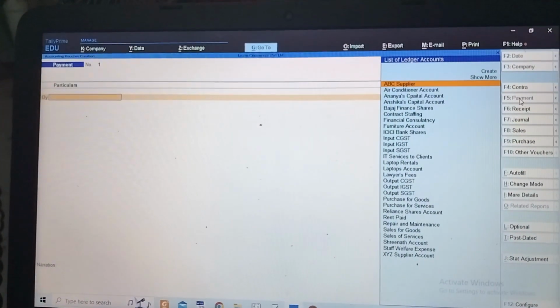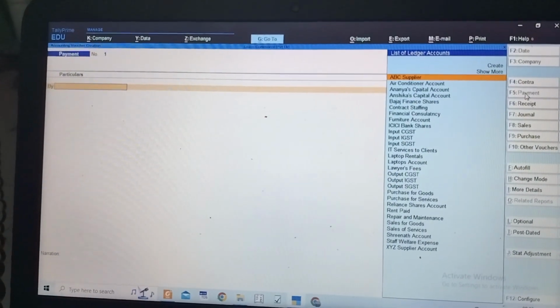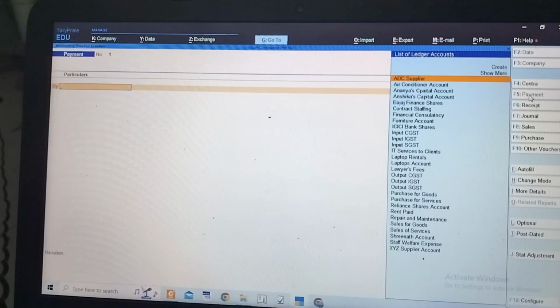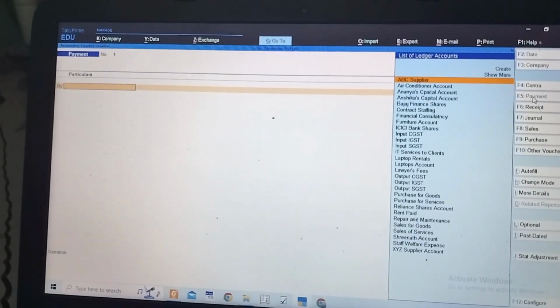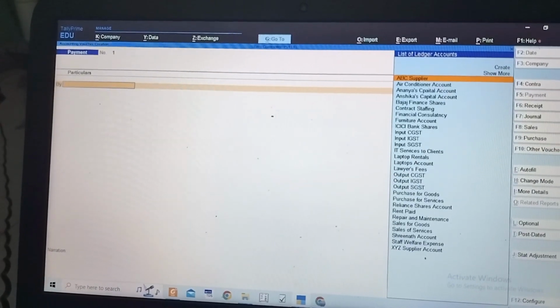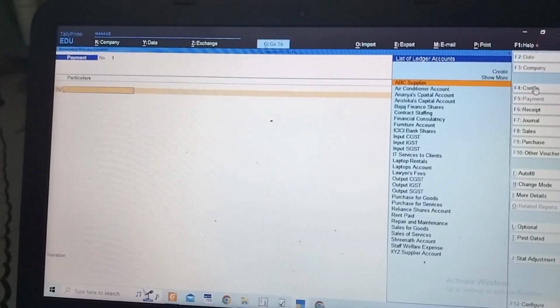And friends, hope you are getting the concept. As I told you, here we record transaction through vouchers. Okay, we select voucher, then we select the type of voucher. Okay, and type you have to understand by seeing the type of transaction.